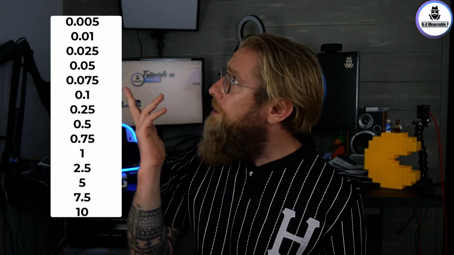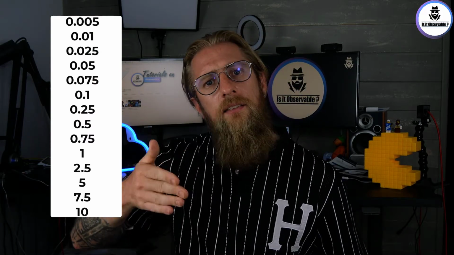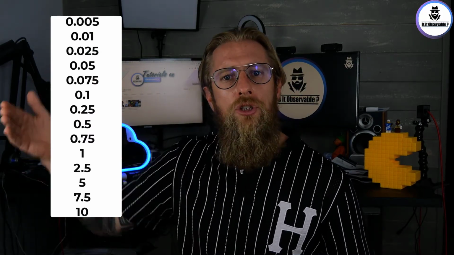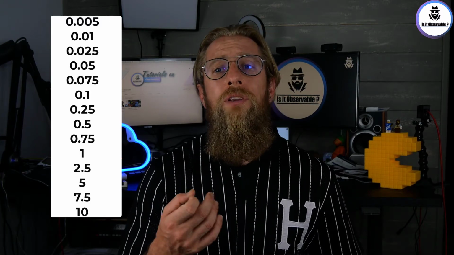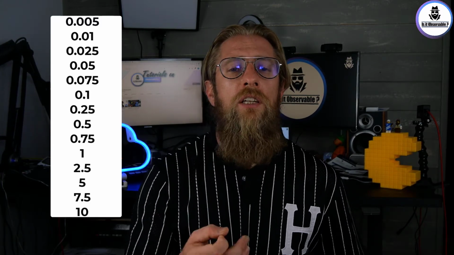In fact, there is a default bucket, which is here. You can see that there's a clear structure of the buckets. The default bucket will only support metrics that go up to 10, so 10 seconds if it's a request response time.